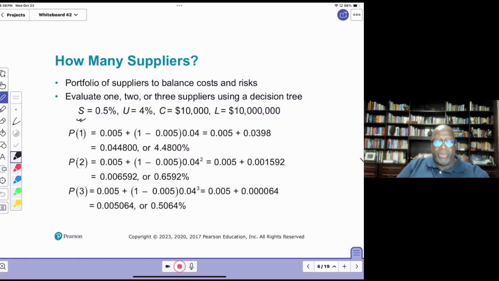And then, of course, the marginal cost of managing a supplier is $10,000. The loss is $10 million if all the suppliers have gone down.